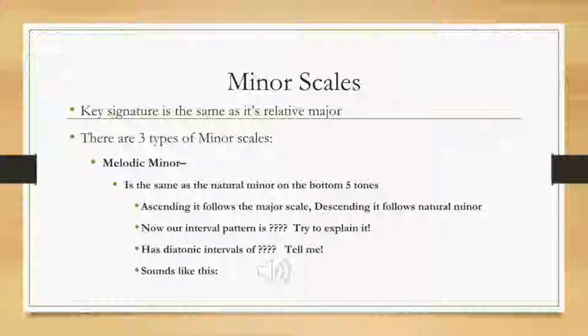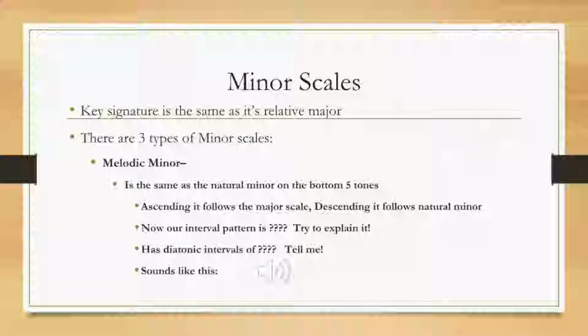But to confuse us a little bit more, in the 6th and 7th scale degrees, this particular scale is different going up and going down. When we are ascending, that 6th and 7th scale degree sounds like a major scale. And when we're coming down, those things are flattened just like a natural minor scale.